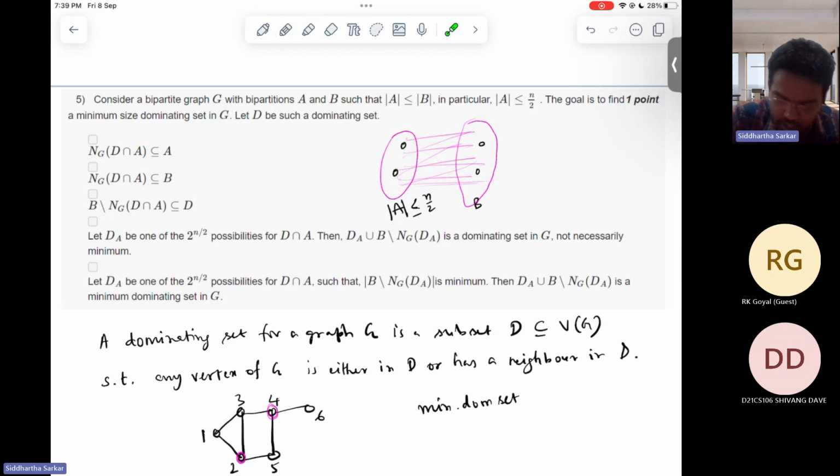Are the neighbors lying inside A? No, it is a bipartite graph. Therefore, in the bipartite graph, whatever vertices are within the same partition, they form an independent set. There is no edge between two vertices in the same partition. So all the neighbors of D intersection A are somewhere in B.